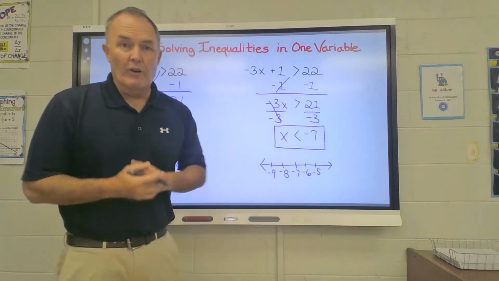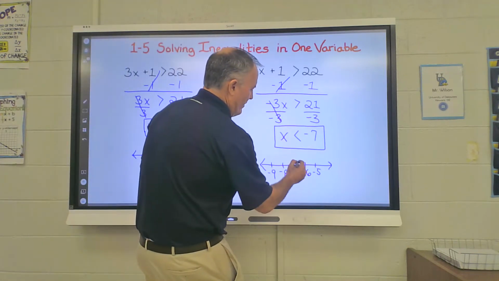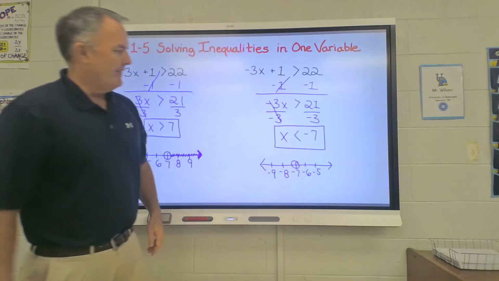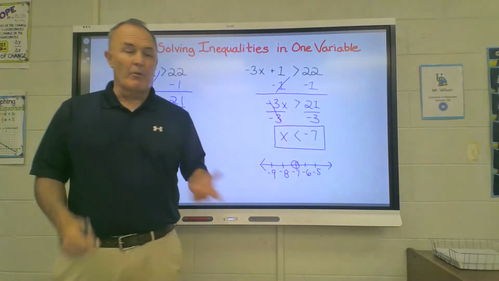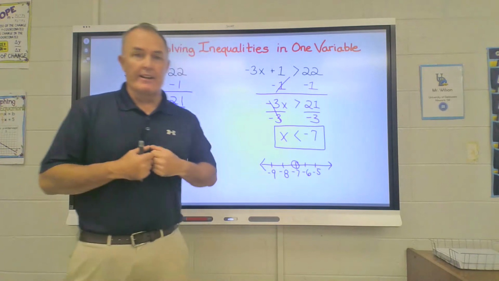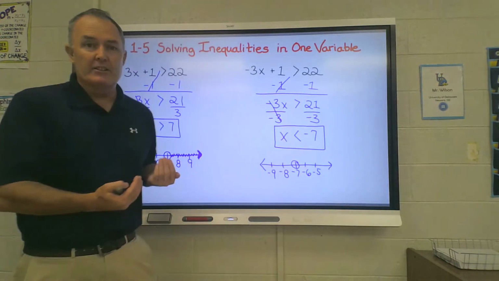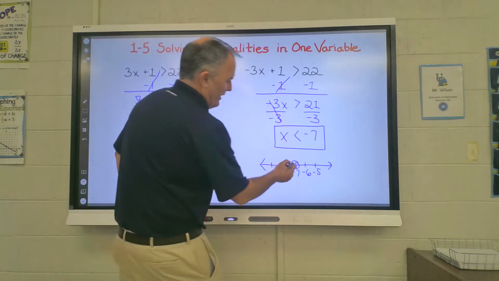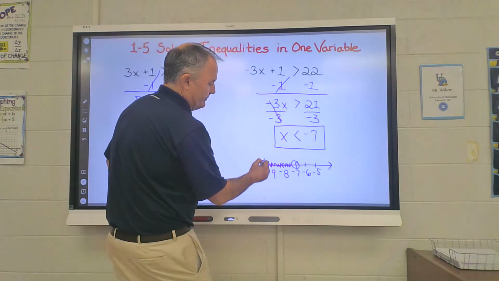Once again, we'll put a circle around negative 7 because that's the one we're talking about here. That's the star of the show. And x is anything less than negative 7. Now remember, even though these are negative numbers on a number line, anything to the left on a number line is going to be negative or less than. So we're going to kind of shade in this direction.